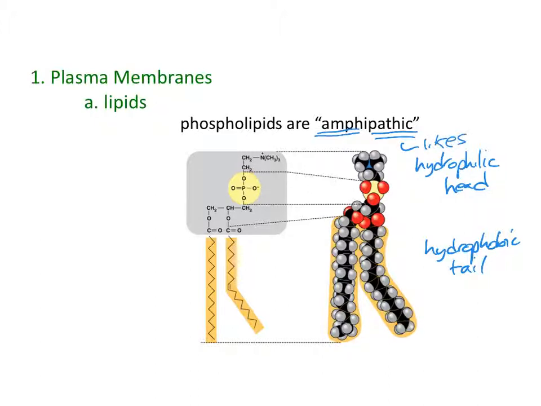Amphi means, I'm actually not sure what amphi means, but the way I remember it is amphibian, because amphibians live both on land and in water. So amphi must mean something along the lines of two different things, so it likes both water and no water.